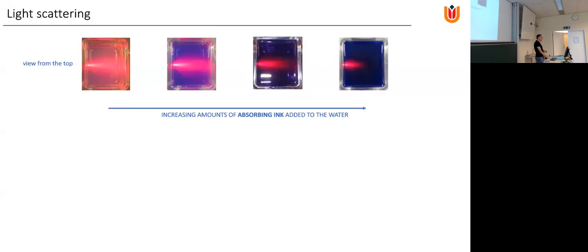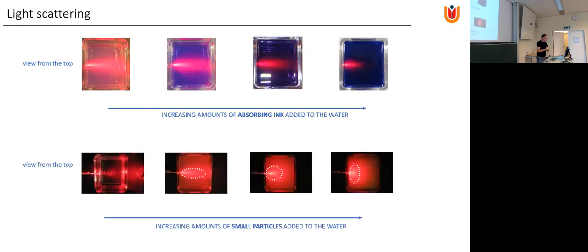If you do the same experiment, but now with a scattering solution, the effect is a little different. So on the left-hand side, it's just water, and then we add increasing amounts of small scattering particles to the water, and look at the distribution of light.